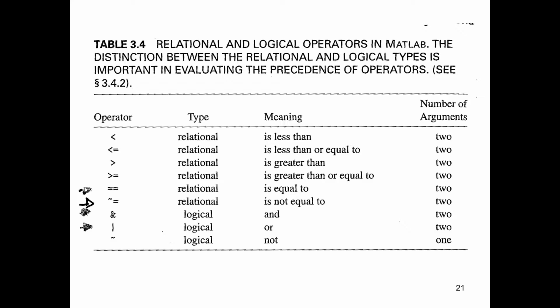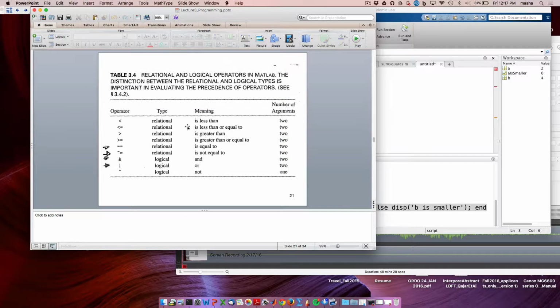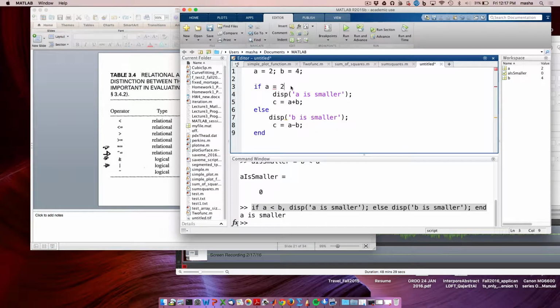Okay? So what I would do is I would say if A is, this is actually wrong, equal to 2, for instance, and A is less than B, then do something.